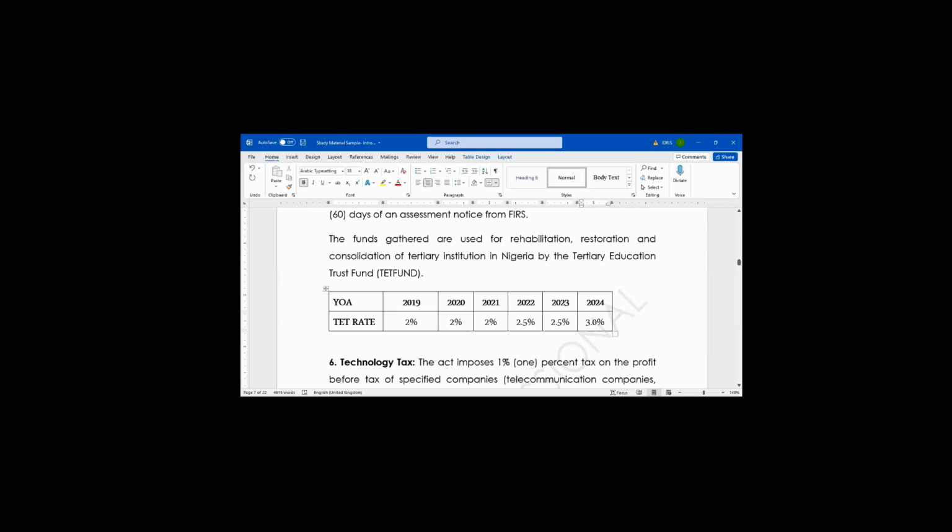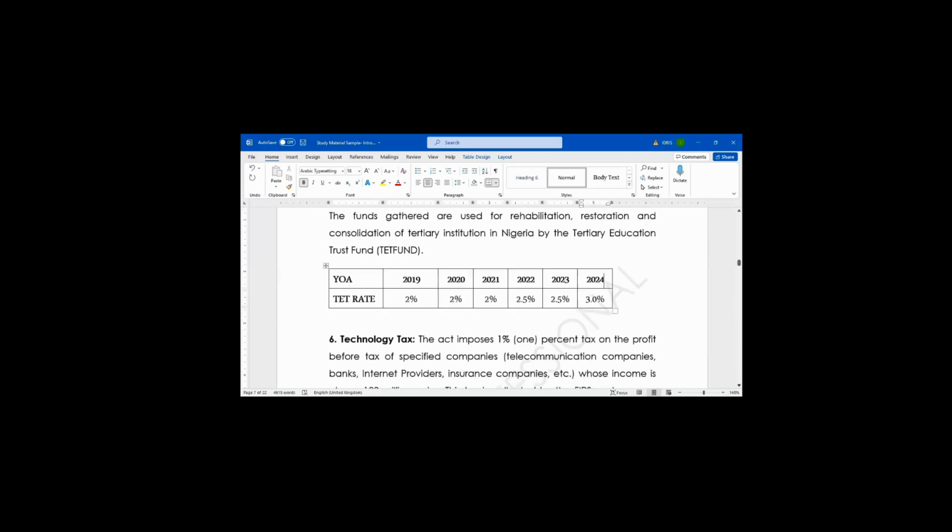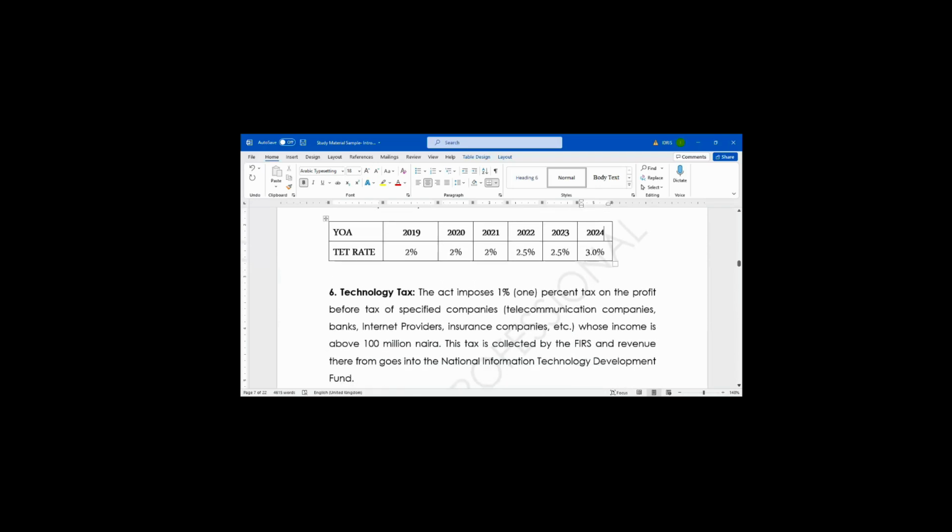Now, we are still on direct tax. Another type of direct tax that we have is called technology tax. Technology tax is otherwise called NITDA.